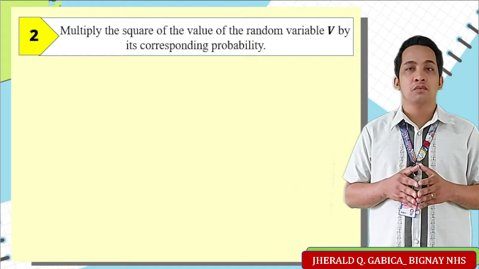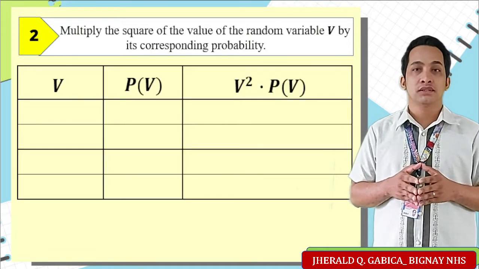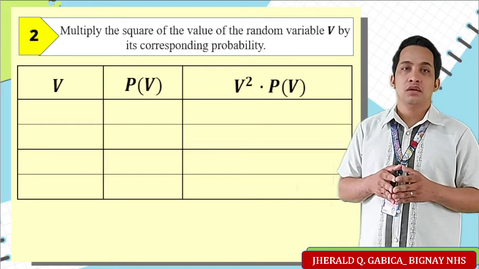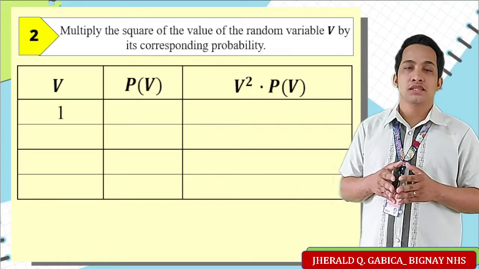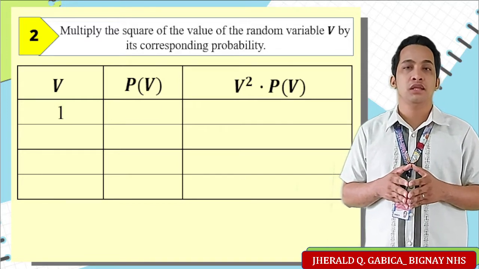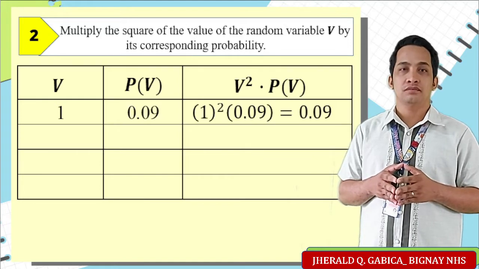For the second step, we multiply the square of the value of the random variable V by its corresponding probability. So using the same table, we will just add another column for V squared times P of V. So for V value of 1, we'll just have 1 squared times the probability of 0.09, that is equal to 0.09.